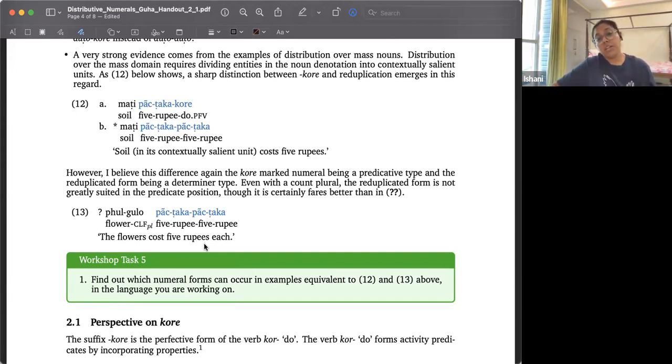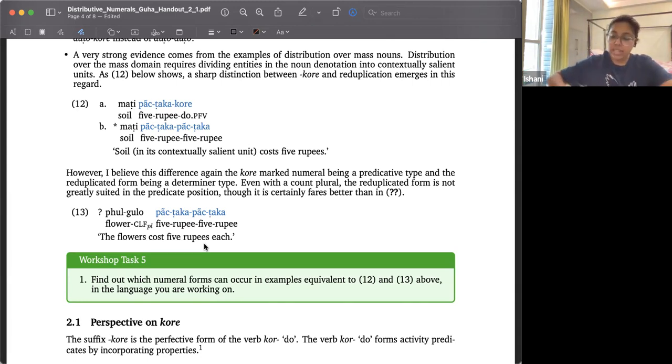But when you form a count plural like pulgulo or boigulo, it's a little bit better. And since this is a little bit better, at least it doesn't seem really good. I mean, 13 is still bad. It's just comparatively better than 12B.